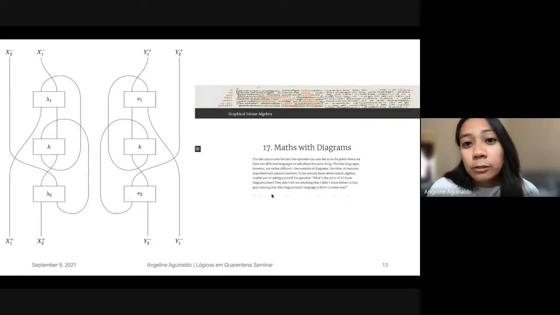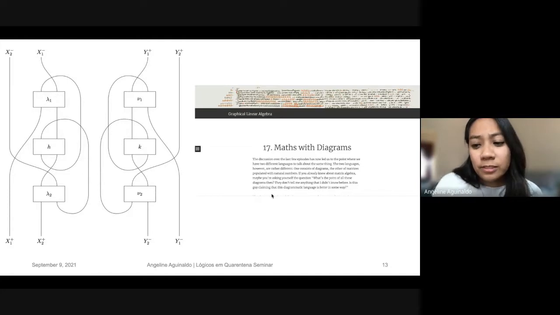And so with that, I also stumbled across other resources. This one is Pawel Sobocinski's Graphical Linear Algebra blog, and he does a great job of illustrating the compositions in horizontal and serial compositions and how they can be used to represent linear algebra expressions.